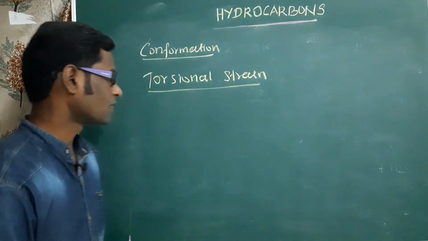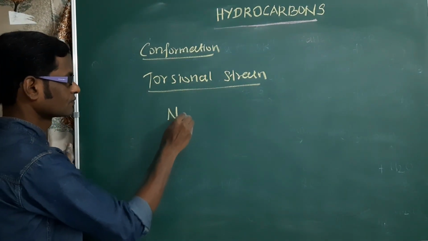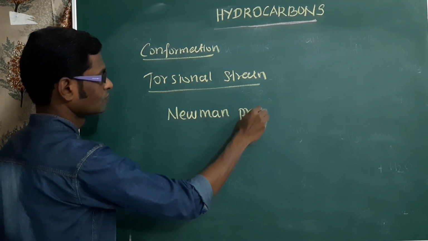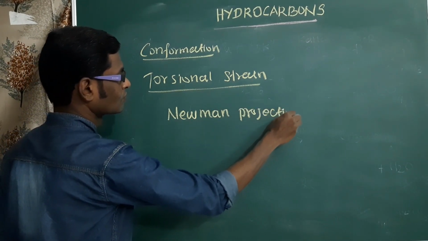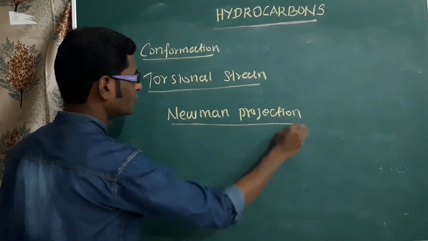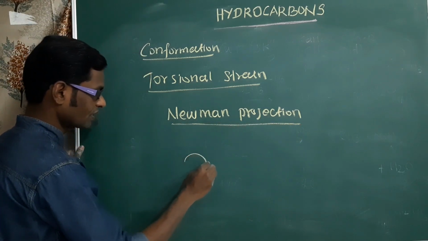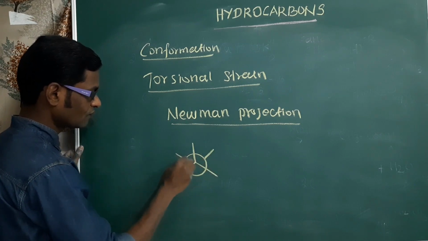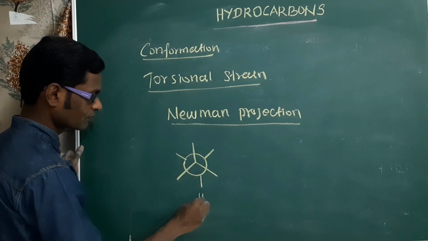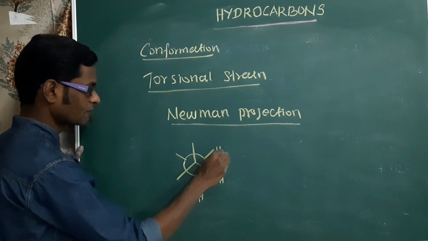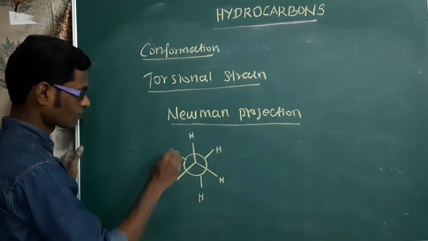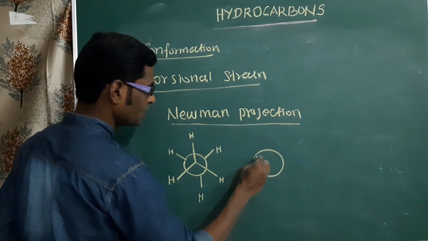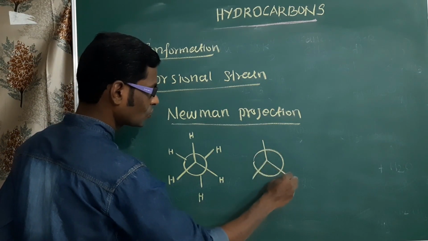Three different types of Newman projection we can draw. This form is called the staggered form, the most stable conformation. Next one will be eclipsed, where groups are very close to each other.